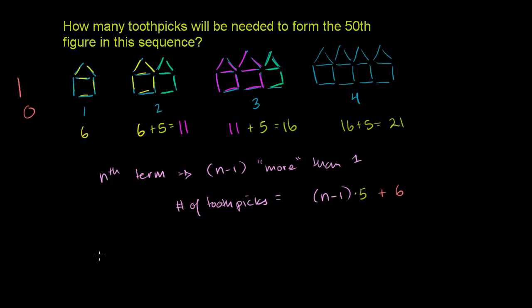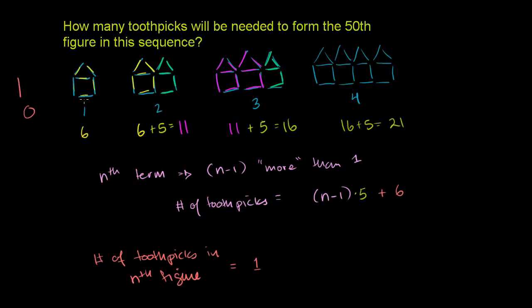Here, you could say that the nth term, or the number of toothpicks in the nth figure, is going to be equal to 1. So in the 0th figure, which I just made up, you have one toothpick.